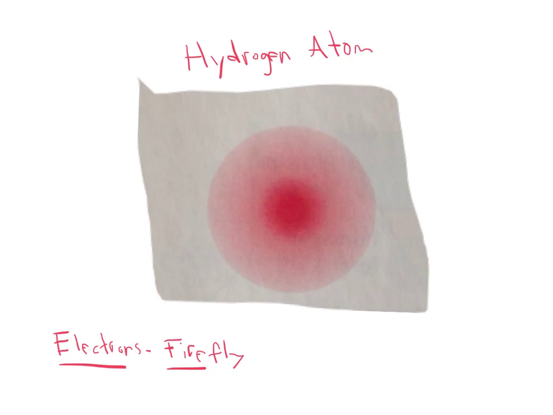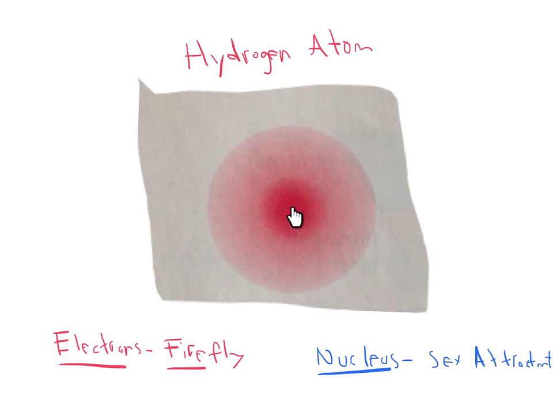If you said the nucleus, you are right. And if you think about an electron, why would it be attracted? Why would it attract electrons? Well, it is positively charged, located in the center here, the cloud, and the electrons are negatively charged, and opposites attract.